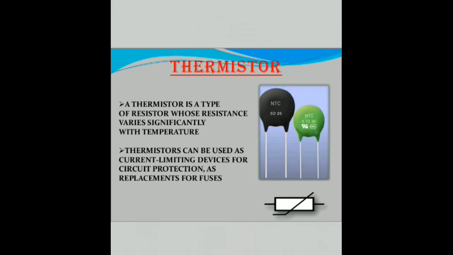The thermistor can be used as a current limiting device for circuit protection as a replacement for a fuse. Nowadays, instead of a fuse, we also use the thermistor. It means when the temperature of a circuit increases, by using a thermistor we can break the circuit.